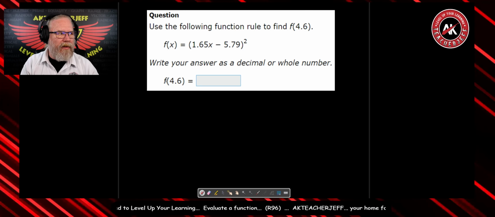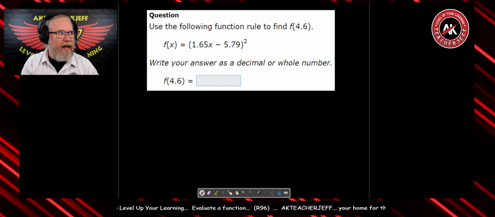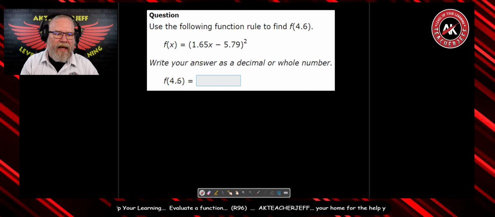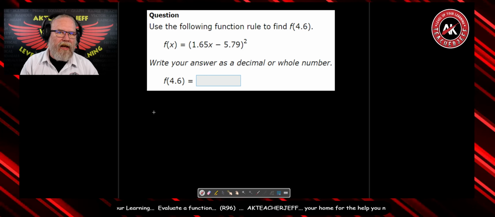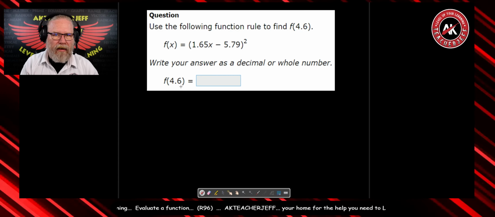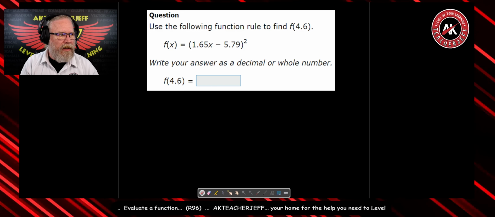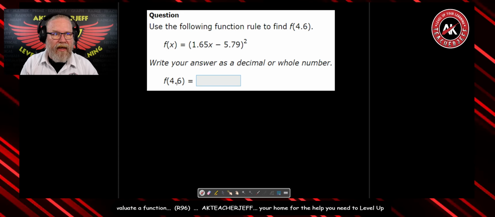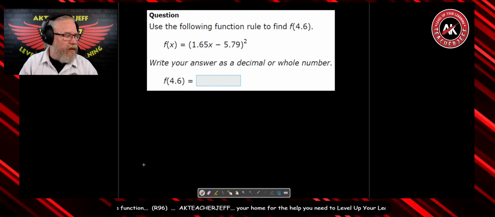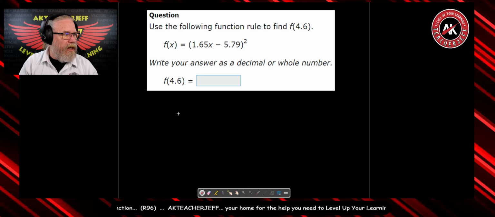Whenever they put a number in the parentheses instead of x, and they say f of some value, the idea is to take that value and plug it in for whatever variable. It's going to be x almost all the time in this activity, but it could be f of b or f of m or f of q or anything like that. You just plug it in for that variable you see in the equation.